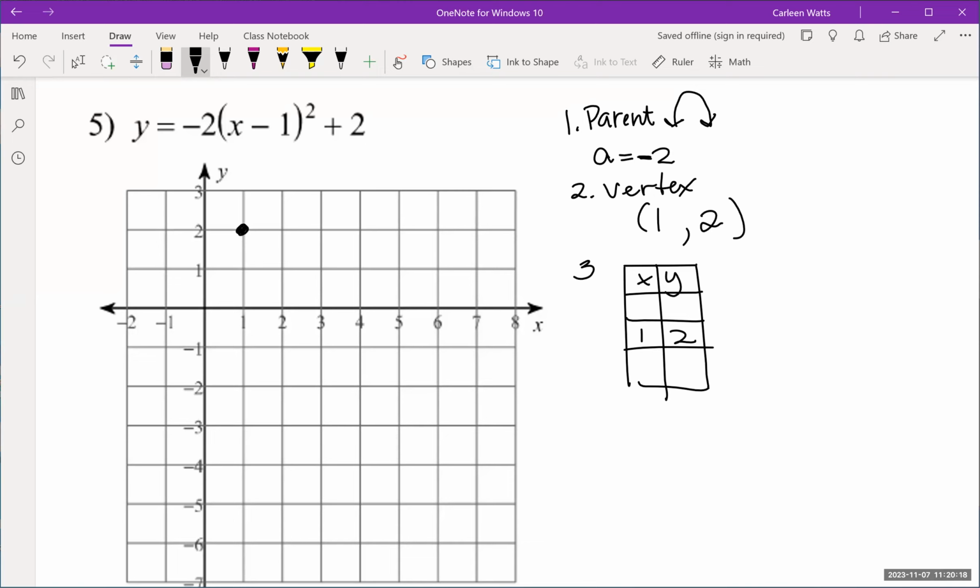It looks like I'm gonna go off the graph. Am I gonna go off the graph? No, because it's an upside down U. So it's gonna fit perfectly. Okay, in your table, 1 to the left, 1 to the right. I wonder how A is going to affect my graph. It's going to be interesting.